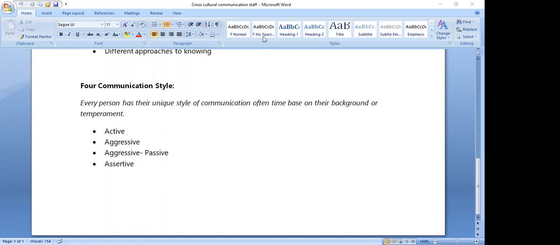So the aggressive people are those whose style of communication is more like a military communication style, which is instructional. Do what I say, and not what you want.